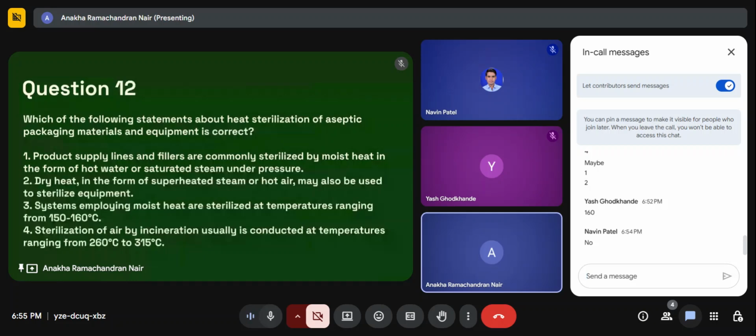Okay, in the form of hot water or yeah, network issue. Yeah, could be my problem. No worries. So you're able to see now, right? And hear now, right?